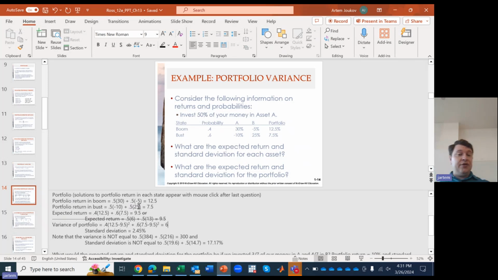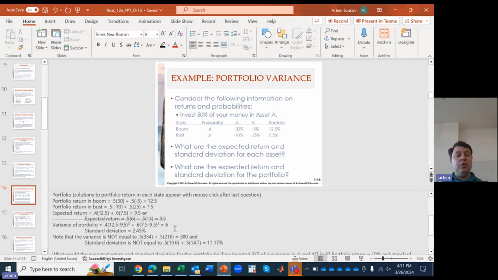And then how do you calculate the variance? You go back to this formula. You use that 9.5. You see that the return of this portfolio in a boom cycle is going to be 12.5. We subtract the average return of 9.5 from it, square it, and then multiply it times the probability that we're in a boom cycle. And then you do the same thing in a bust cycle. This is the probability of a bust cycle.